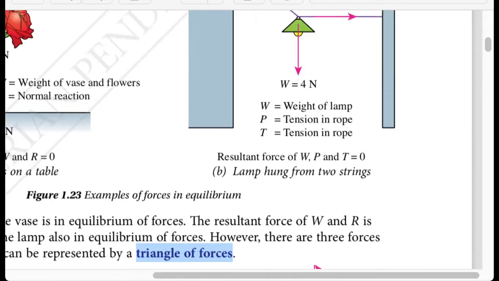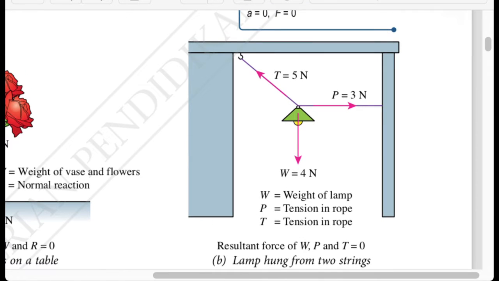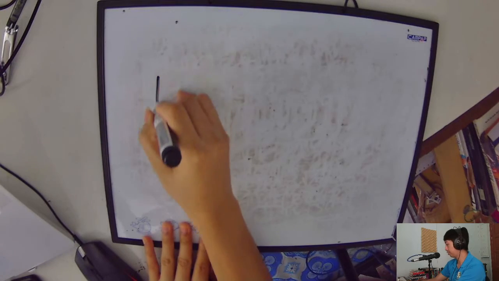So let's start with whichever force we have. We have W, P, and T. So we can start with W. For W, we draw a straight line going down, just like in the graph.